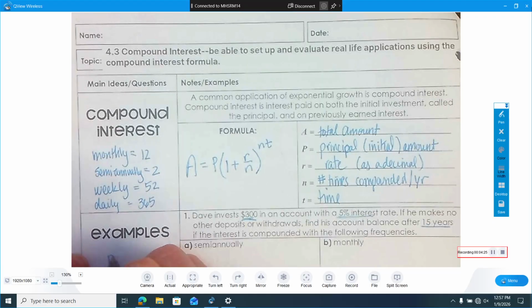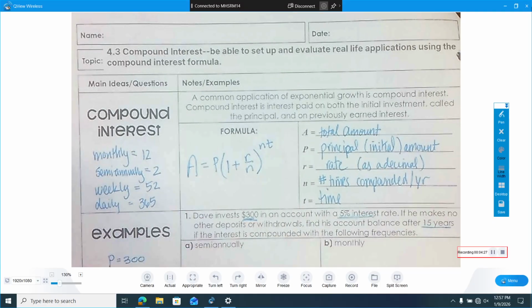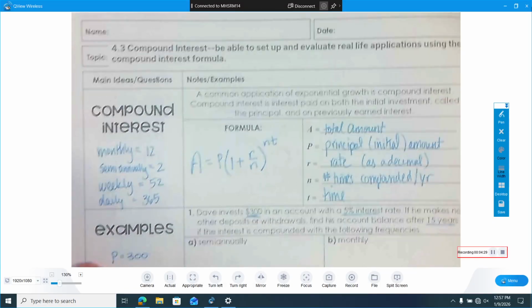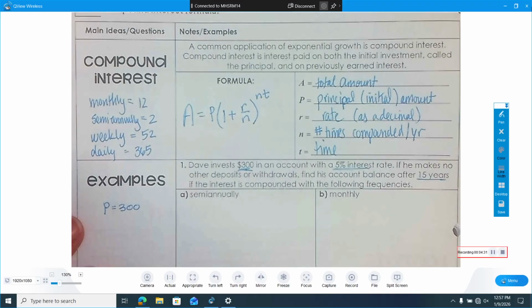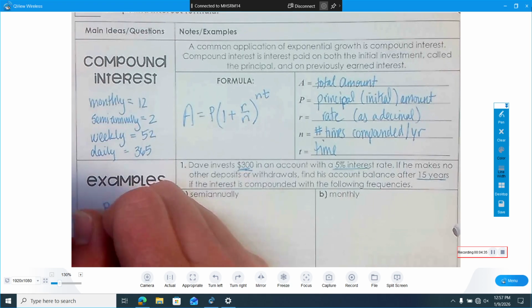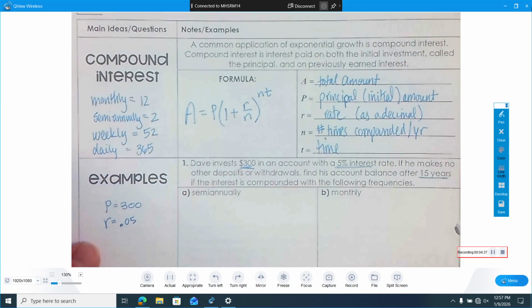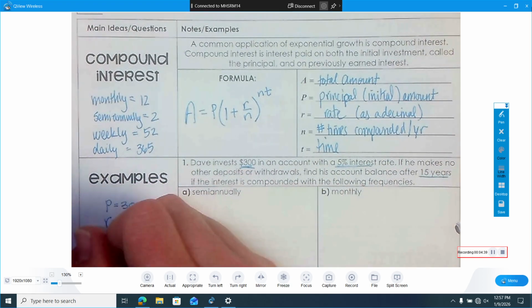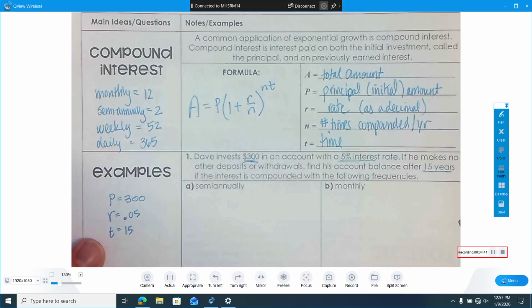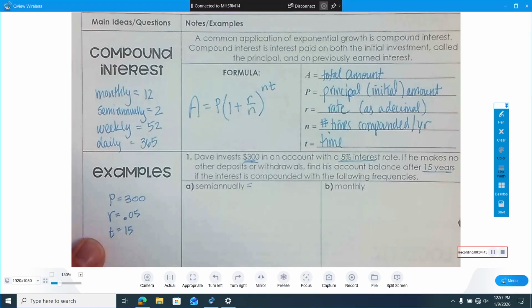The principal. The principal is 300. That's the amount he's starting with. And then what is our 5% interest rate? Yeah, that's the R, 0.05. Good. And we know the time is 15 years.